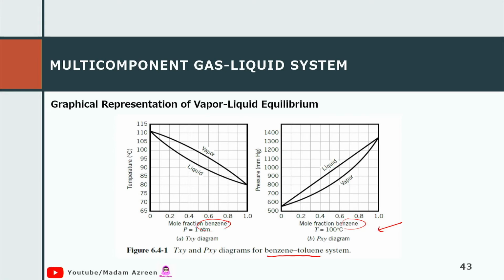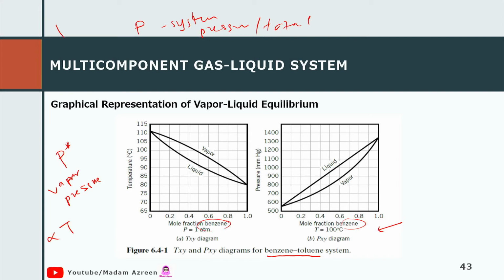There are terms that you have to get yourself familiar with, which is P star. This P star is the vapor pressure, and this vapor pressure changes when the temperature changes. It really depends on the temperature. You have capital P, which is the system pressure, or we call it the total pressure.